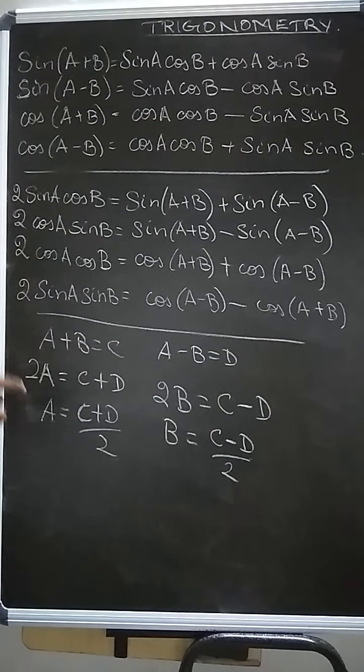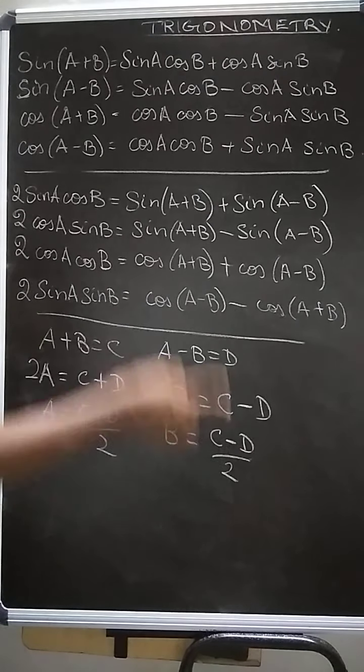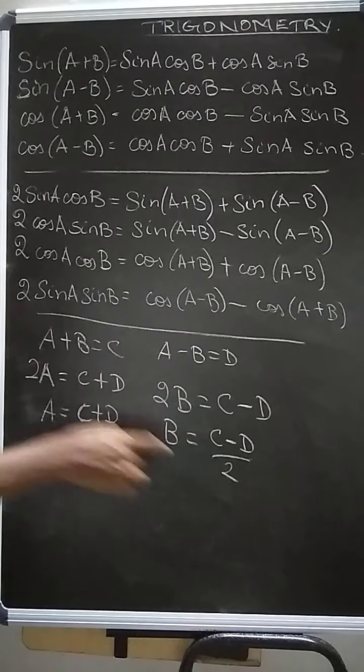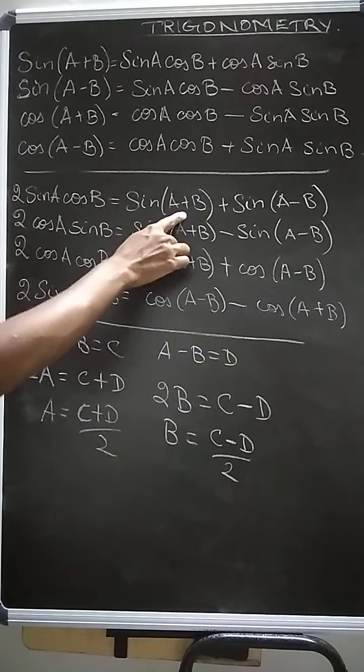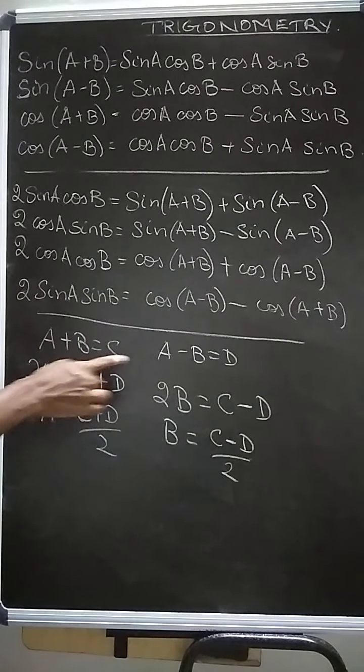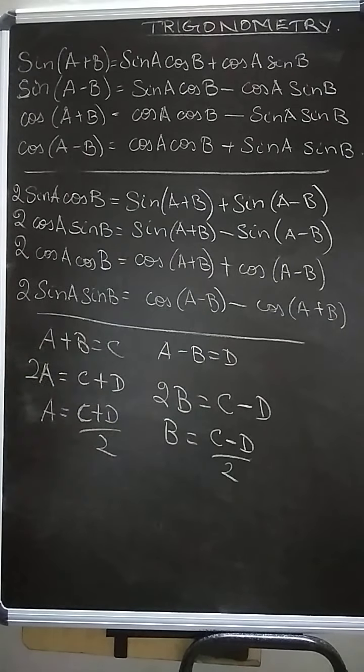Now we are going to apply A is equal to (C plus D) by 2 and B is equal to (C minus D) by 2 in this formula. And similarly, everywhere where you have A plus B, we are going to put C, and wherever we have A minus B, we are going to put D, and we are going to change this formula.